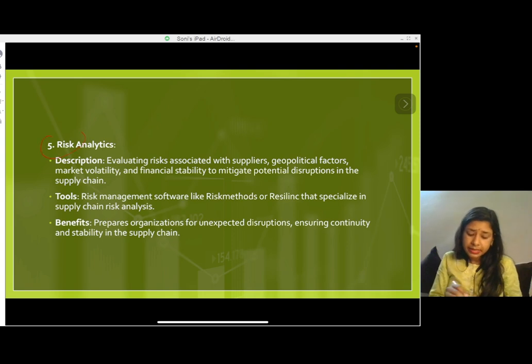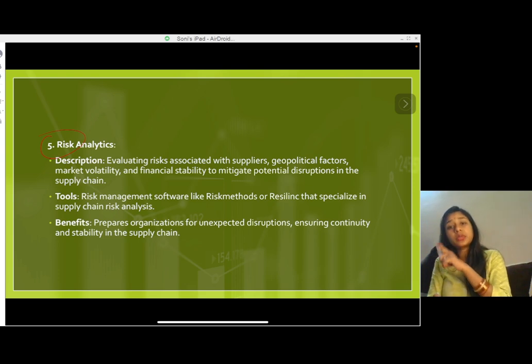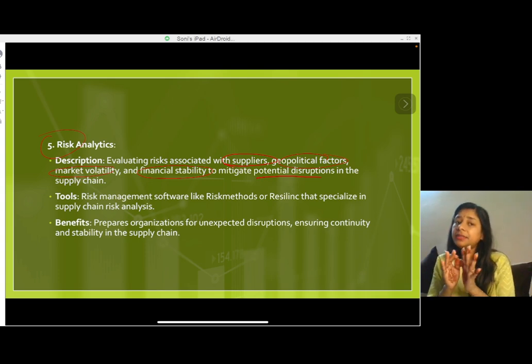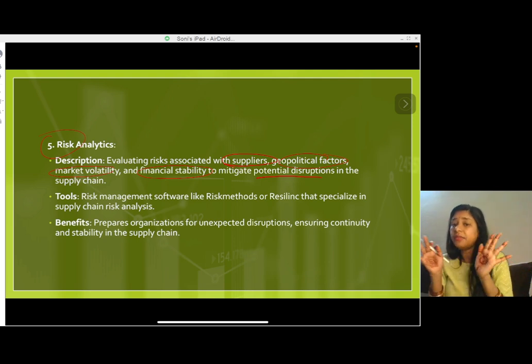Next is risk analytics. You know that evaluating risk is very important, related to the supplier, to geopolitical factors, to market volatility and financial stability. In order to mitigate upcoming potential risk, a supply chain needs to have risk analytics done well.